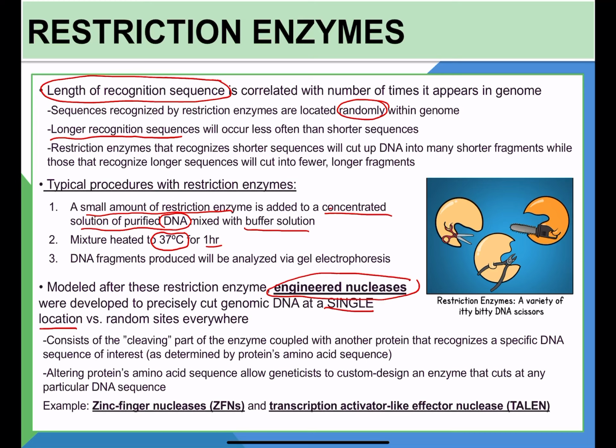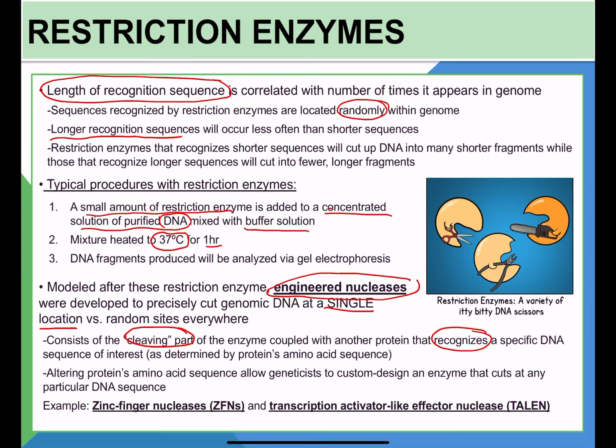One is the cleaving part, okay, which cuts the DNA, and another part is determined by its amino acid sequence. It does the recognition part that tells the enzyme where to cut. So, for example, if you wanted to direct it to a specific sequence, you would change and engineer that amino acid sequence so that it does recognize that particular part in the genome.